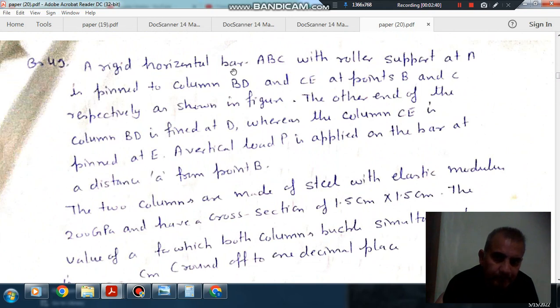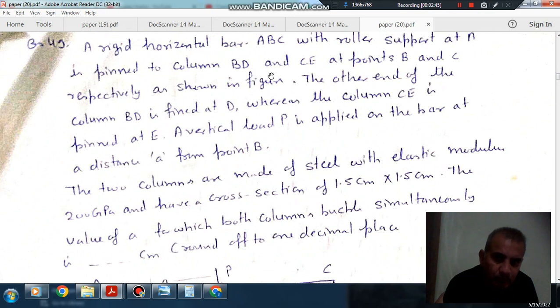A rigid bar ABC with roller support at A is pinned to columns BD and CE at points B and C respectively, as shown in the figure.